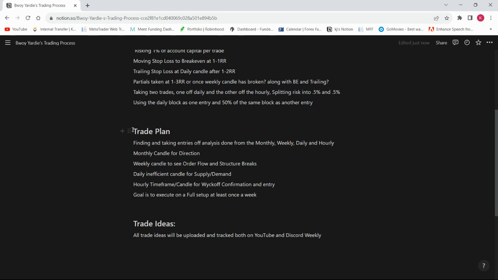I'm also trying to finalize the trade plan aspect of it, kind of where I'm getting the trade ideas from. The monthly, the top down analysis portion of it. So from the monthly, weekly, daily, and then finally incorporating the hourly time frame, which is the intraday time frame, using the Wyckoff schematic, either accumulation or distribution, to get entered on plays at specific points.